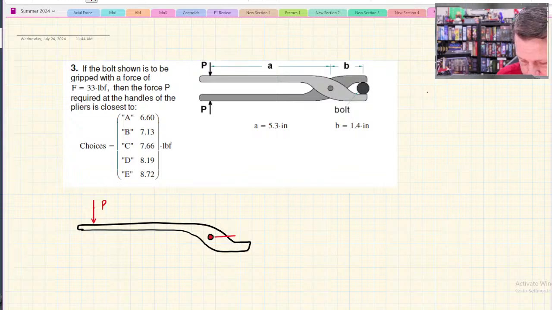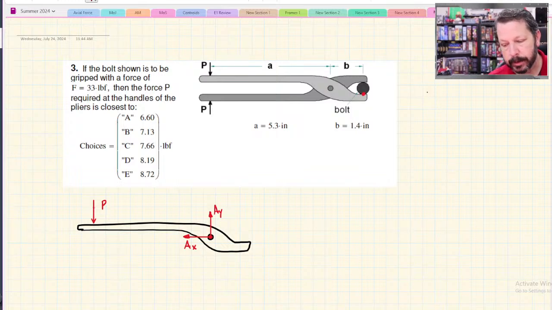I don't know much about them, but for this one, I'm going to put AX going this way. I'm only doing that because that gives me more room to draw it. And then the bolt, this little dark gray circle, is making contact with the lower part of the jaw.